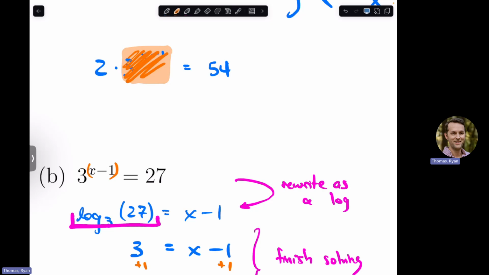So what should we do to deal with that 2 out in front? Instead of moving it into the exponential thing, move it to the other side by dividing. Yeah, do that before the log.